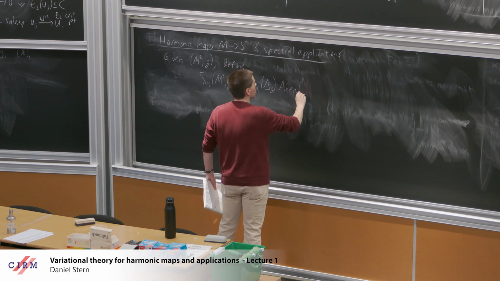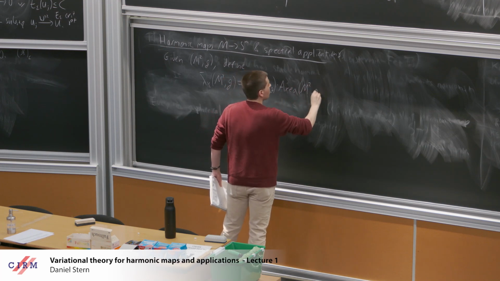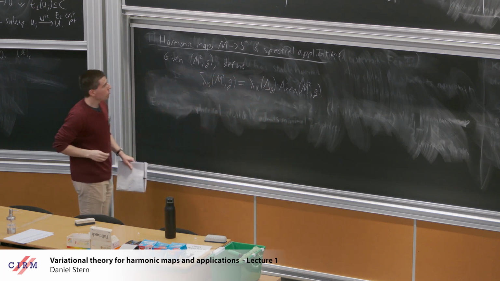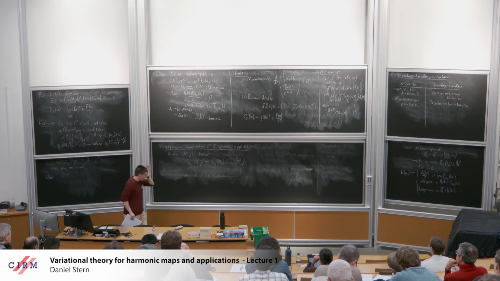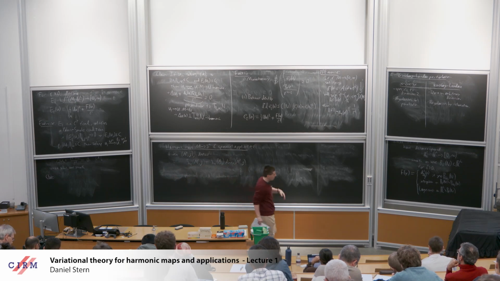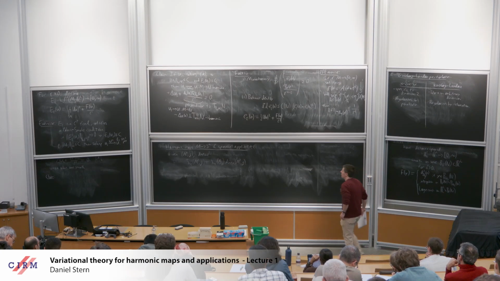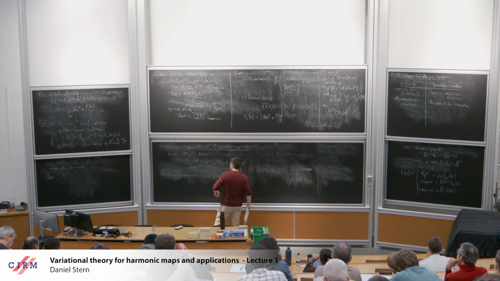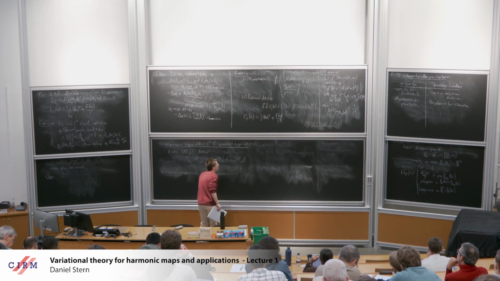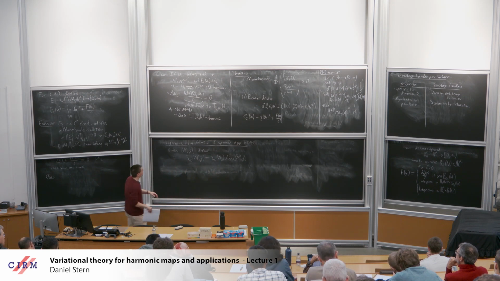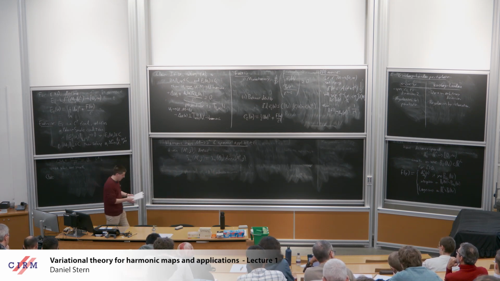Let's normalize by the area. Okay? So in recent years, well, going back to the 70s, but picked up dramatically recently, it's been observed that these have a remarkable variational theory on the space of metrics, which has some intimate applications to minimal surfaces and harmonic maps.